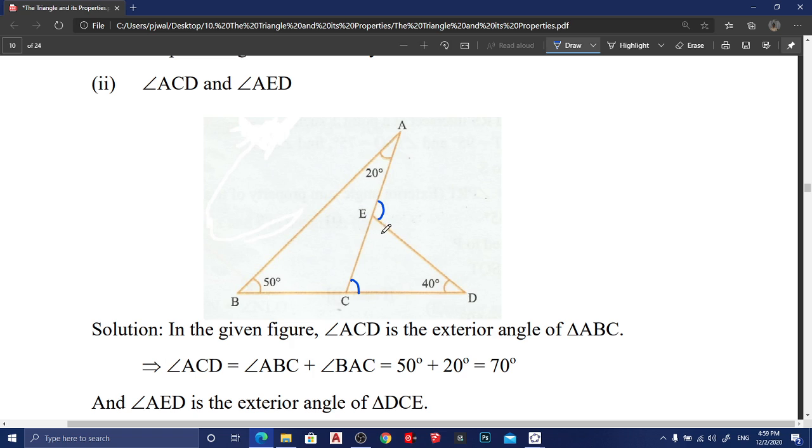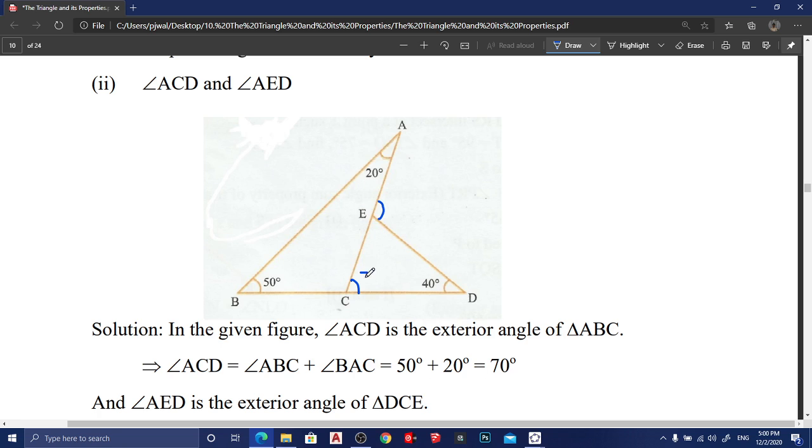For a while, forget triangle ECD and take only triangle ABC. Now angle ACD becomes the exterior angle of this triangle. So you can directly find this angle C by adding these two, which is 50 plus 20, 70 degrees. Angle ACD is the exterior angle of triangle ABC, therefore angle ACD is equal to ABC plus BAC, which is 50 plus 20, 70.